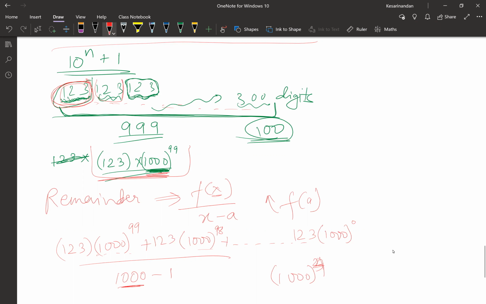Everybody clear with this concept? Okay. Now use your remainder theorem and tell me what is the answer. I've simplified it to you in remainder theorem terms.